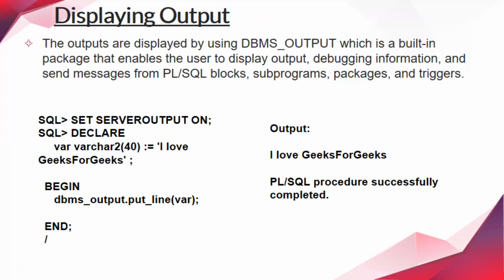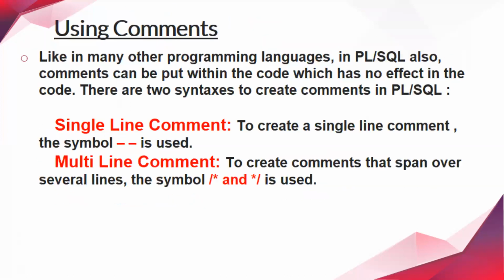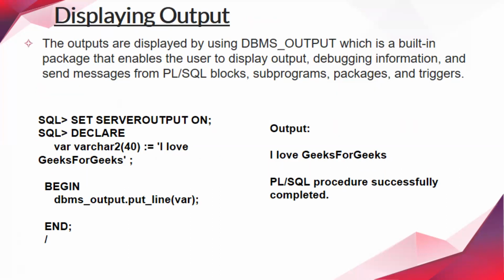This is the statement for showing output. For example, in C and C++ we write printf or cout statements, right? Similarly, in PL/SQL, if you want to print anything on your screen, you should use the command dbms_output.put_line.